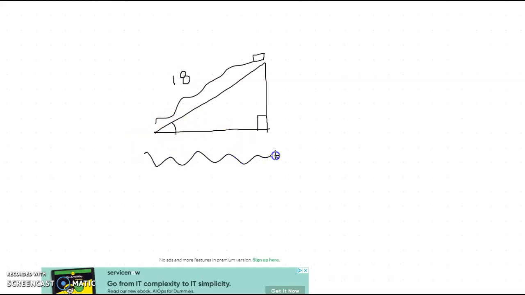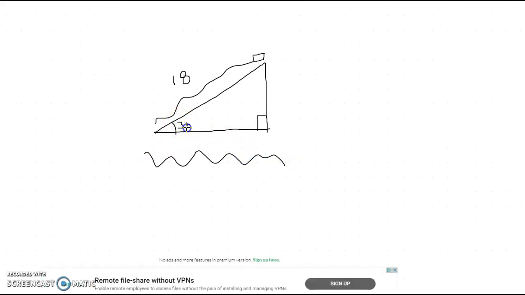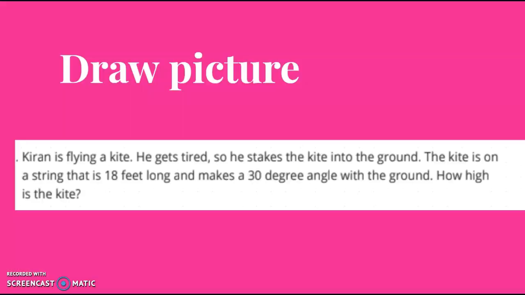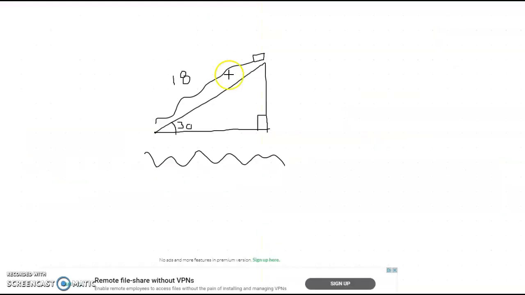This is the ground. And so this is 30 degrees. Now it asks us to find how high is the kite. So we want to figure out this height right here, the height of the kite, which is this length.